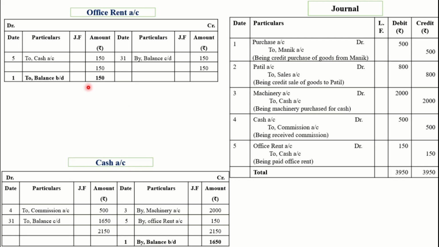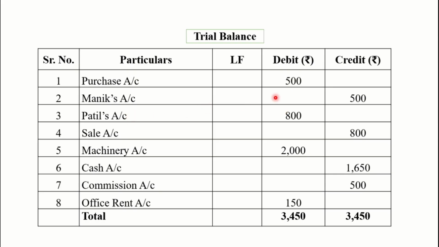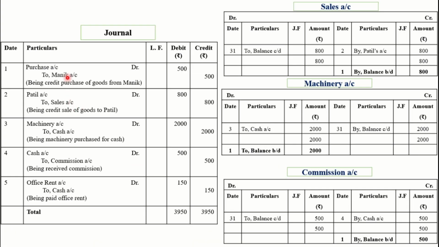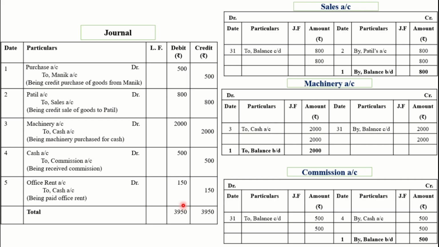Similarly, under Manik, the brought down entry is on the credit side. That's why Manik account is credited with rupees 500. Then Patil account. On the debit side there is a brought down entry. That's why Patil account is debited with rupees 800.